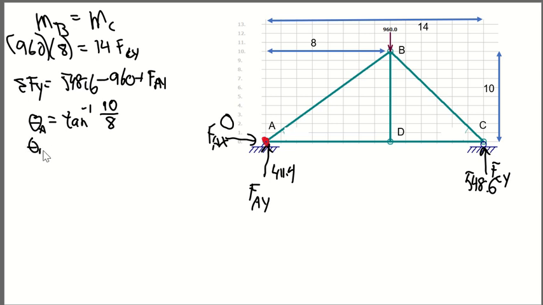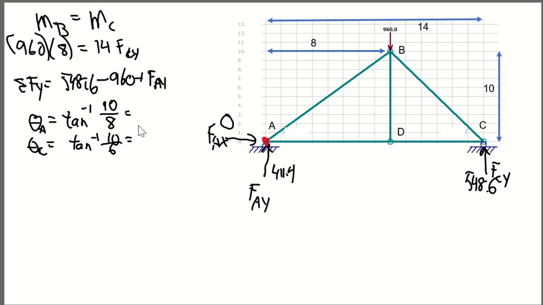And my theta at C, inverse tangent of, again, it's going to be 10, but this time it's going to be what's left over out of here, which is 8 from 14, so it's going to be 6.